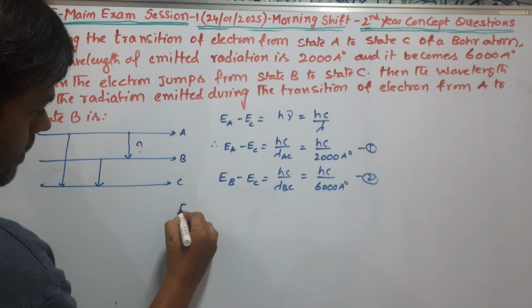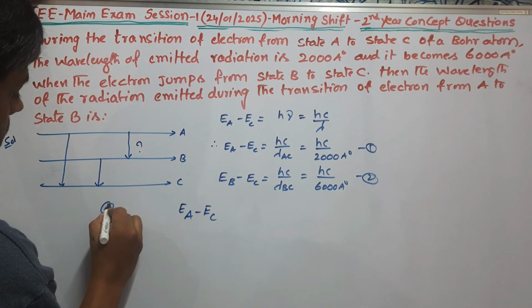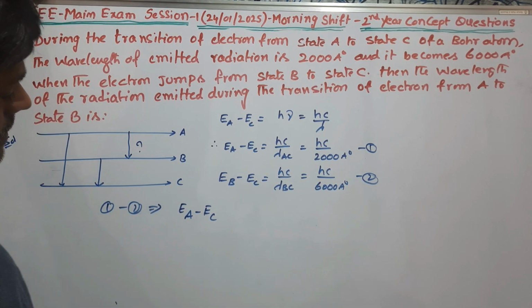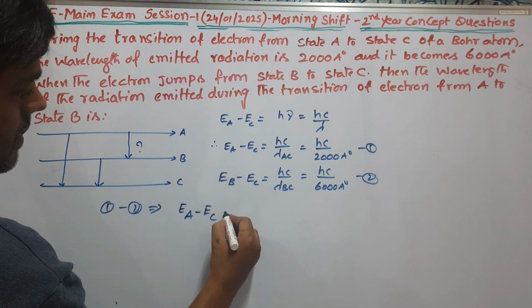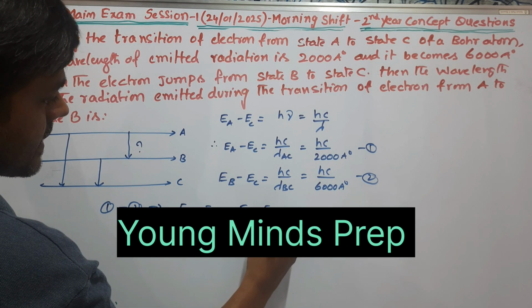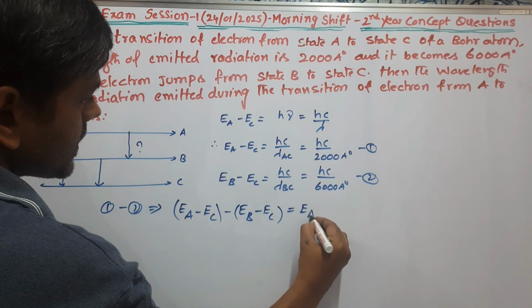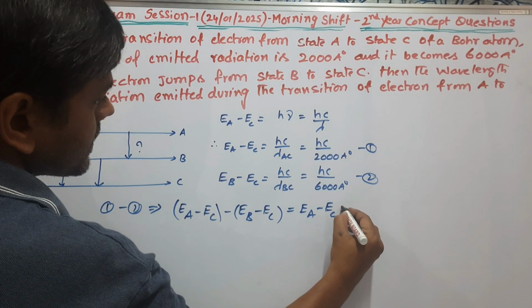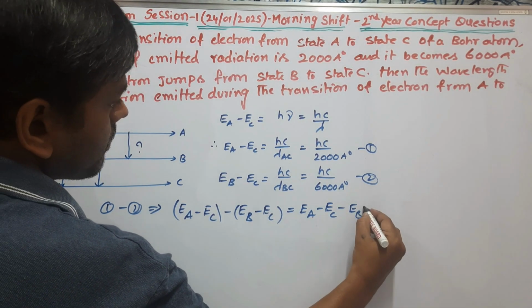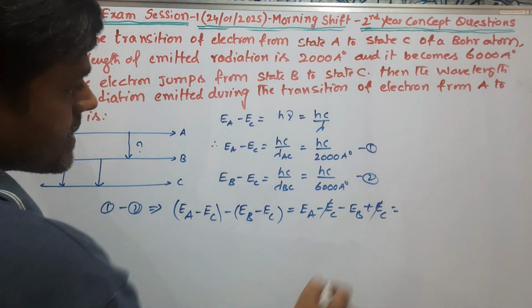So we obtain it from equation 1 minus equation 2. That implies EA minus EC minus (EB minus EC), which is EA minus EC minus EB plus EC. Minus EC plus EC cancel.